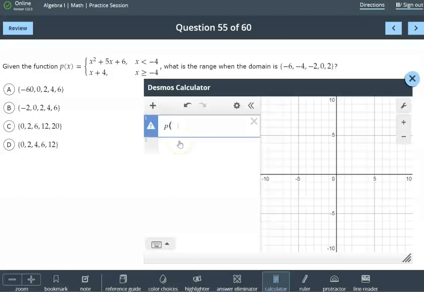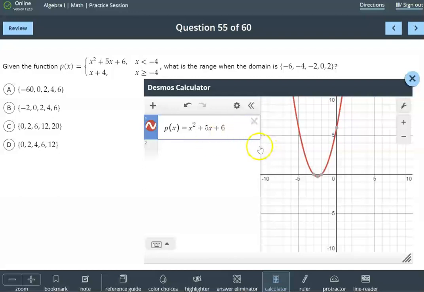And what I usually tell my kids is if it's a piecewise function with two parts, make one of your parts lowercase and the other part capitalized. And this is what I mean. For the first part, I am just going to use lowercase p of x, and I'm going to type x squared plus 5x plus 6. All right, but I don't want just that. I want to restrict the domain for this piece to only be x less than negative 4.